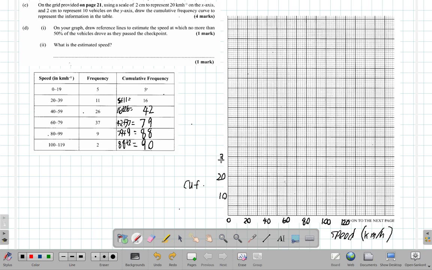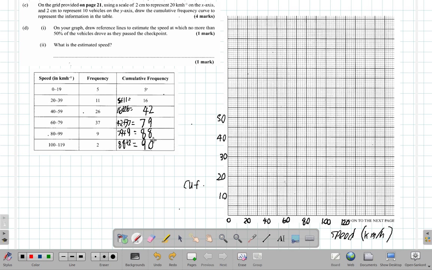Another 10, so that's 30 here. 10 more give you 40. 10 more gives you 50.